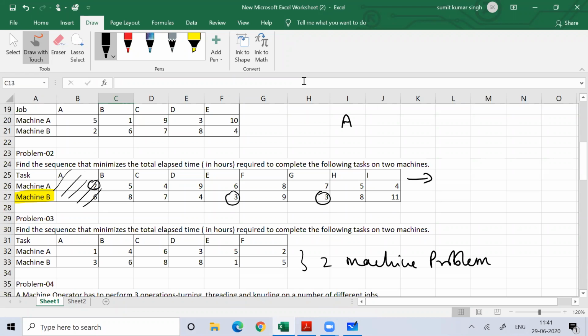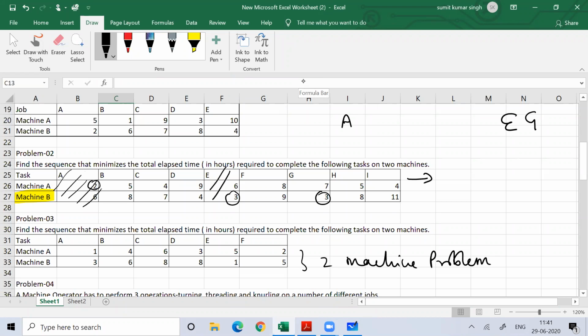Out of E and G, if you ask machine A which one to do first, it will definitely go with work E, because E has the lesser processing time. So the last work you will do will be G, and before that you will do E.